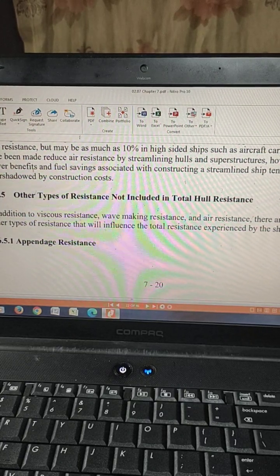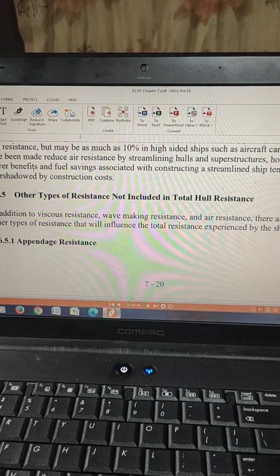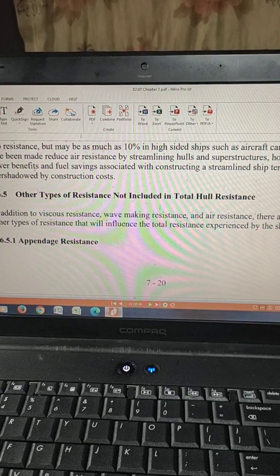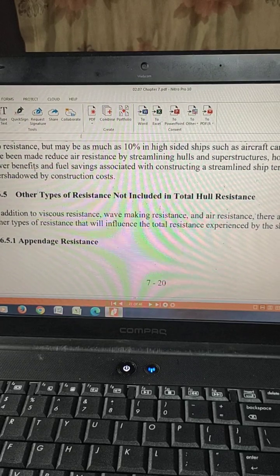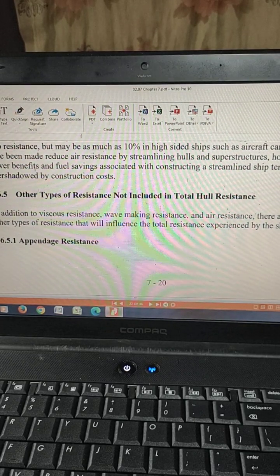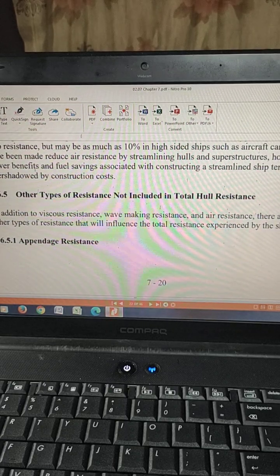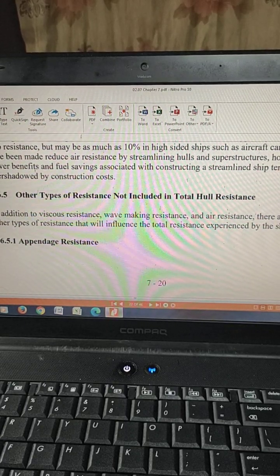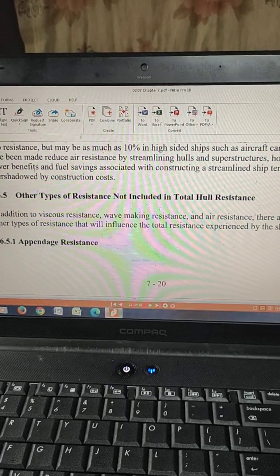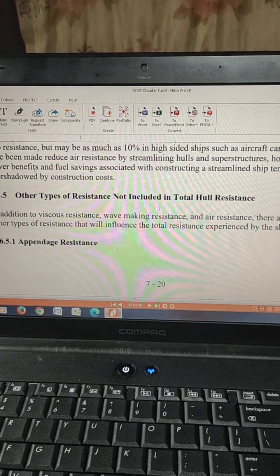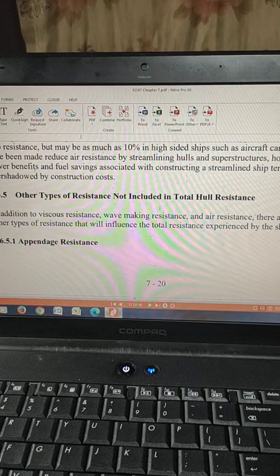Then after that, we have the wave making resistance and the eddies making resistance. These two comprise of what we call residual resistance. Then we have the air resistance also.